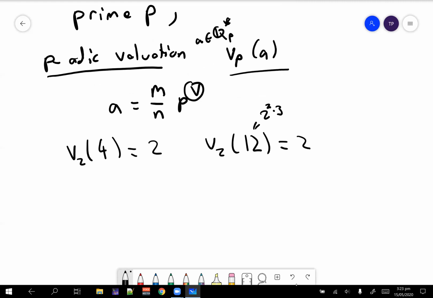So m would be 3, n would be 1, and v would be 2. And then we can also do it the other way. So v_2 of a quarter would be negative 2, and so on and so forth. So that's the idea of a p-adic valuation. And as we shall see later, this is a way we can give a proof of the Nagell-Lutz theorem.